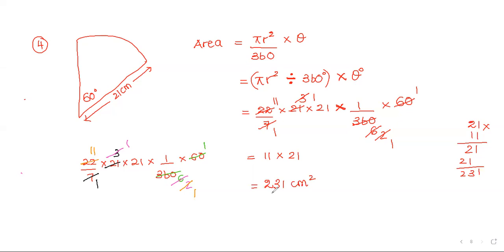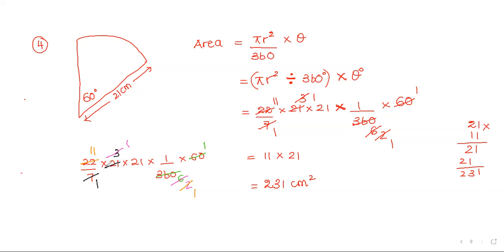Then the simplification part. You can clearly see that I used different colors. The black color one, 7 and 21, gives me 3. Then the green color one, I used 60 and 360. Then it gives me 1 and 6. Then the purple color I'll use to simplify 3 and 6. It gives me 1 over 2.